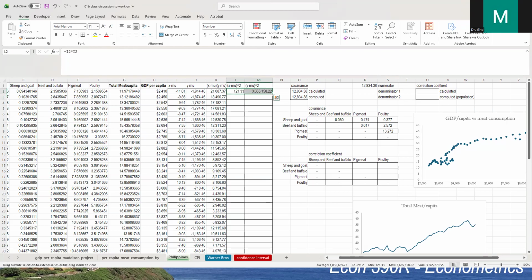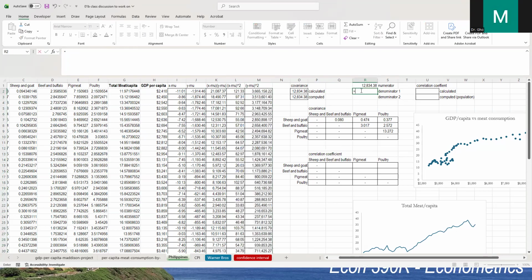I'm going to copy these all the way down. And we want to get the square root of the average of the formula that we had.